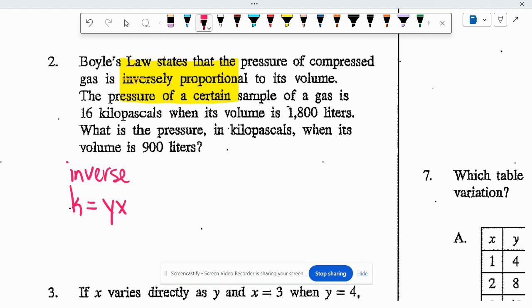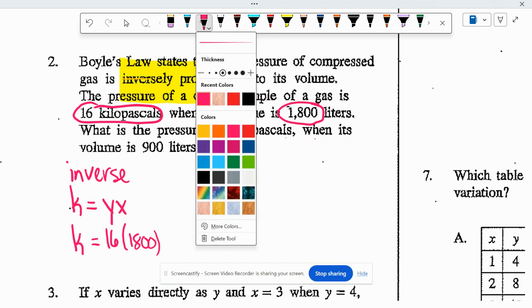What is the pressure in kilopascals when the volume is 900 liters? Well, y is kilopascals, x is volume. So K, your constant, equals y, 16, times the volume, 1800. So someone figure out what that is.